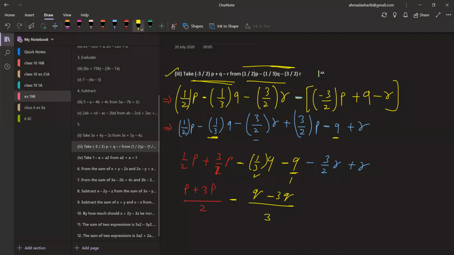Okay, next, minus LCM of 1 and 2 is 2, so 3r and minus 2r. 1 2s are 2, minus 2r.